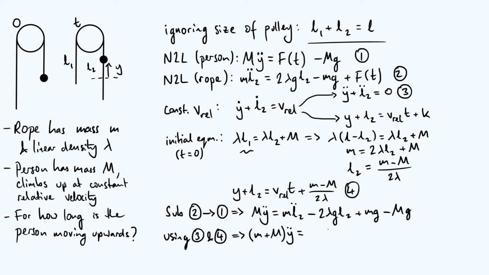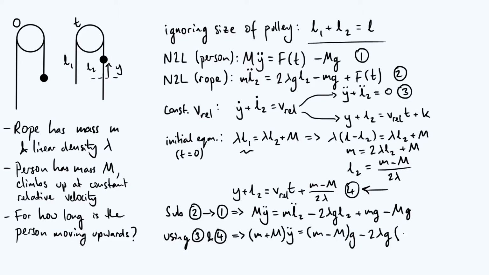Now, how else can I tidy up the right-hand side? Well, you can factor a g out of those two terms at the end. So you've got small m minus big M times g from those final two terms. Then I've got minus 2 lambda g, at this point, we use our equation 4, which is this one over here, to substitute for that L2.